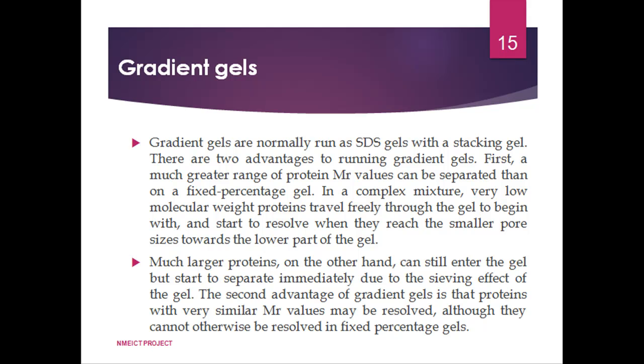In a complex mixture, very low molecular weight proteins travel freely through the gel to begin with and start to resolve when they reach the smaller pore size towards the lower part of the gel. Much larger proteins, on the other hand, can still enter the gel but start to separate immediately due to the sieving effect of the gel.